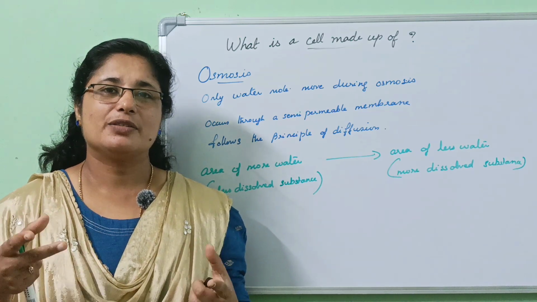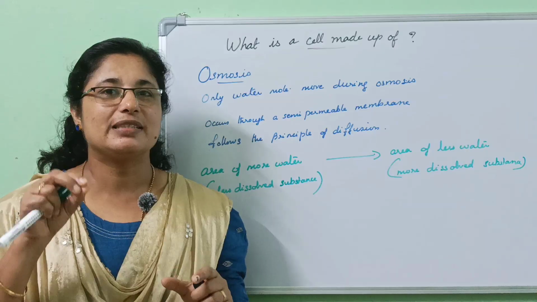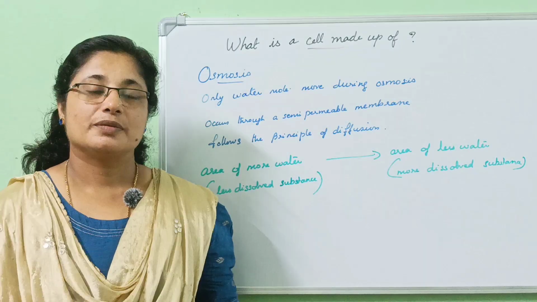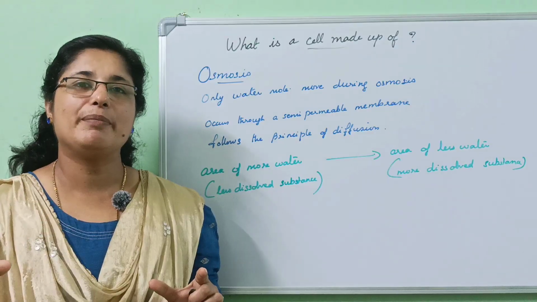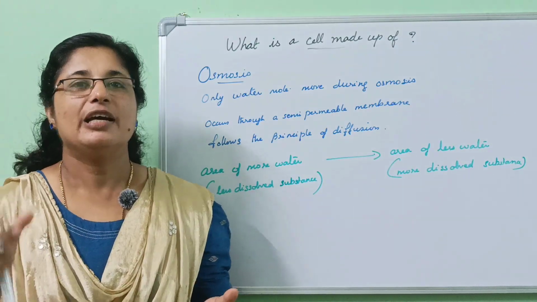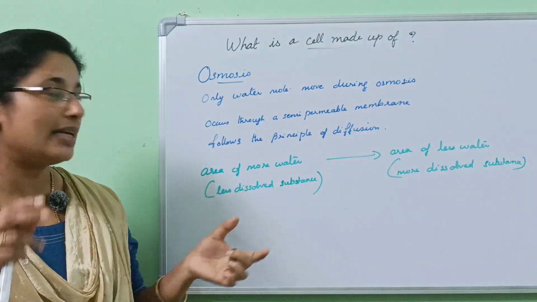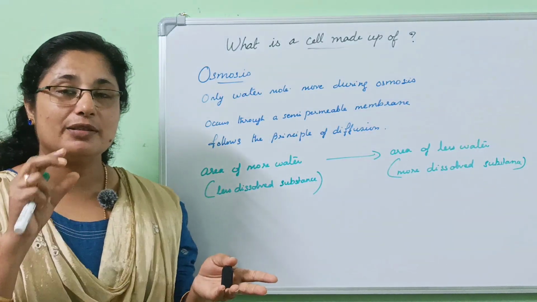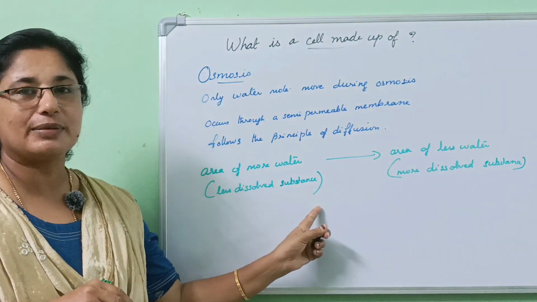Substance means salt, sugar, etc. The amount depends on the amount of substance that is dissolved in the water. Osmosis is the movement of water through the selectively permeable membrane or plasma membrane from an area of more water. Area of more water means the dissolved substance like salt or sugar is in very low quantity, that is, less dissolved substance.